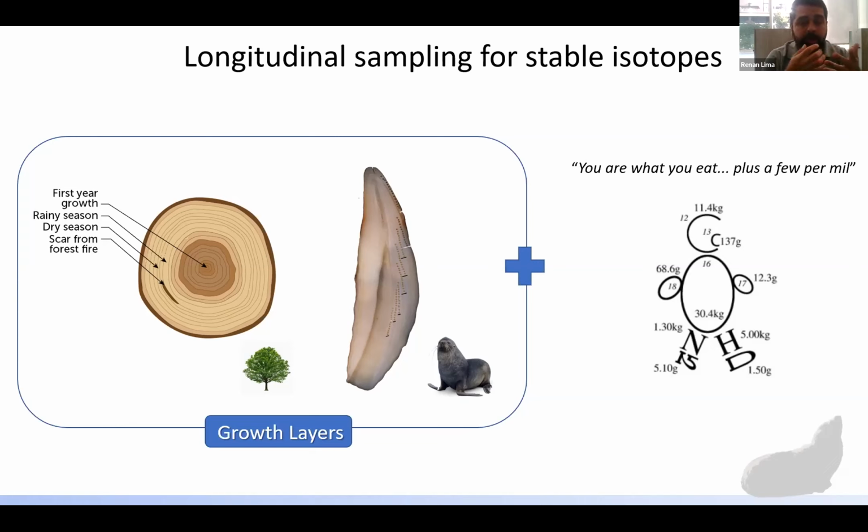So marine mammal teeth are accretionary and metabolically inert bioarchives that can overcome this challenge, since they represent an individual and natural chronological record of assimilated diet through the deposition of annual growth layer groups, pretty much like tree rings.